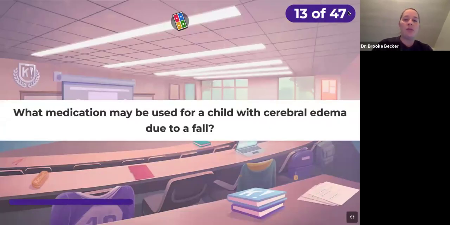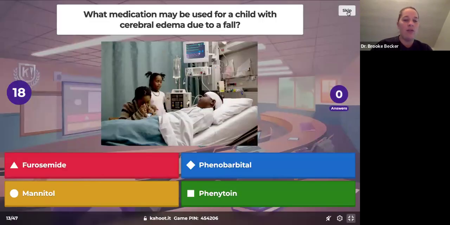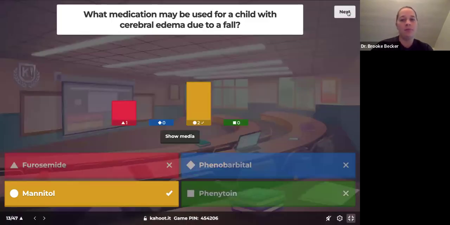What medication may be used for a child with cerebral edema due to a fall? Furosemide, which is red, phenobarbital, which is blue, mannitol, which is yellow, or phenytoin, which is green. Mannitol. Okay.